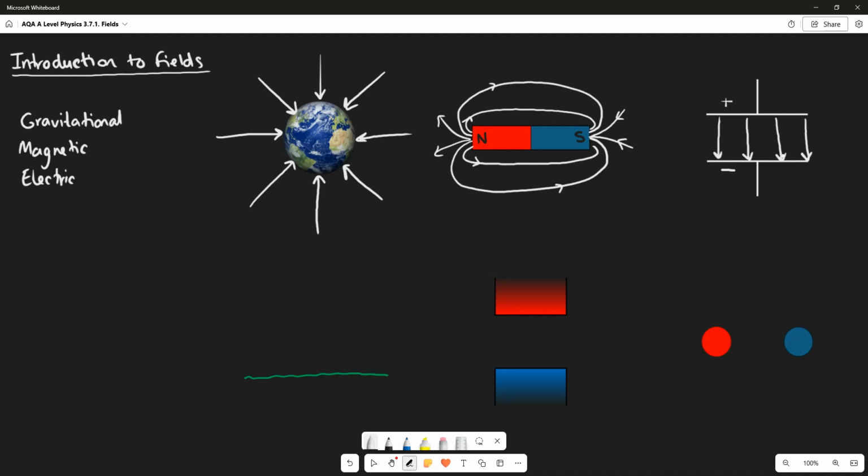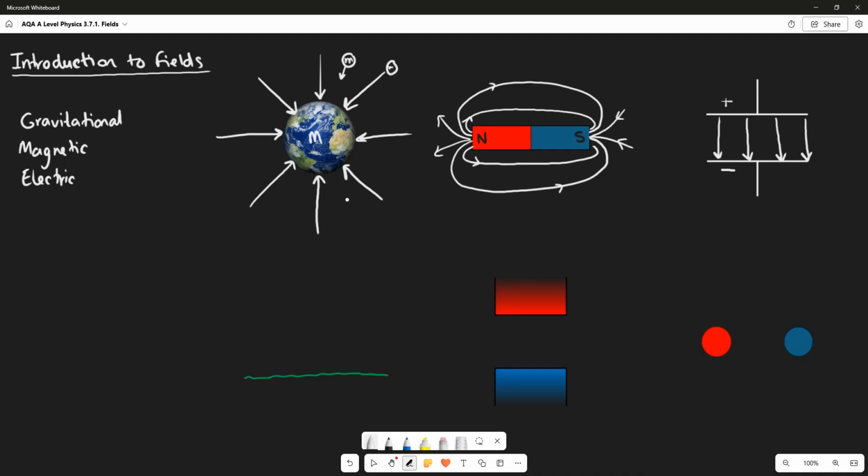The direction of these field lines is given by the direction of the force that would be exerted on a test object. So for example, if I was to put a test mass inside this gravitational field, it would experience a force attracting it to our larger mass.